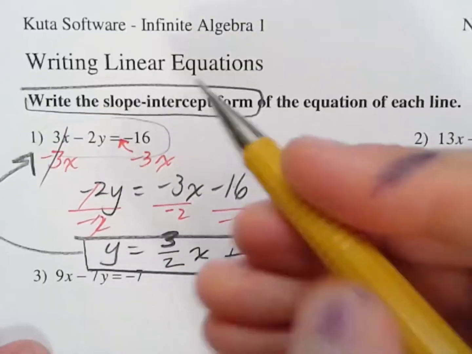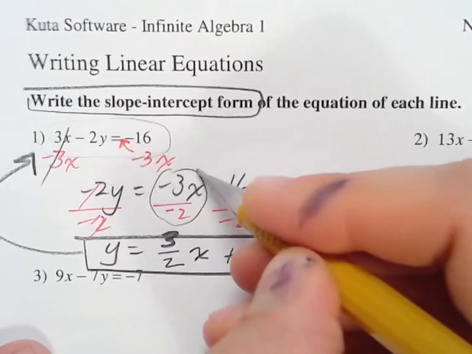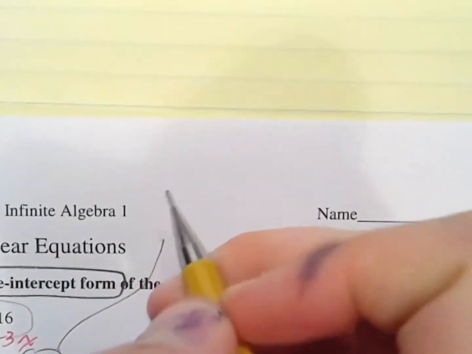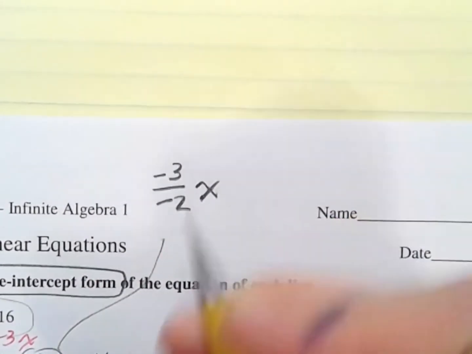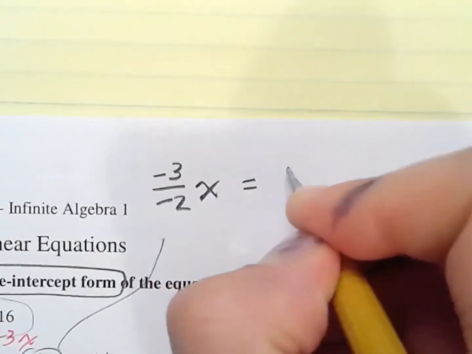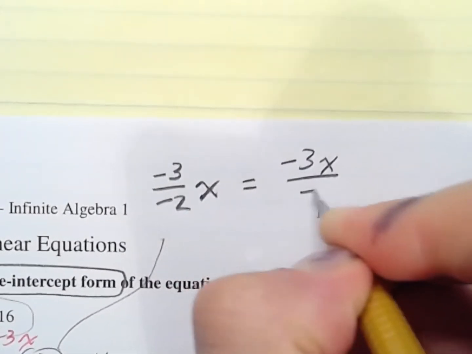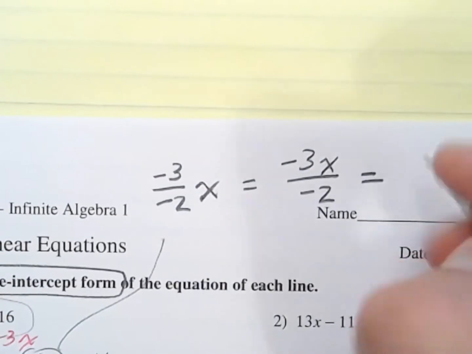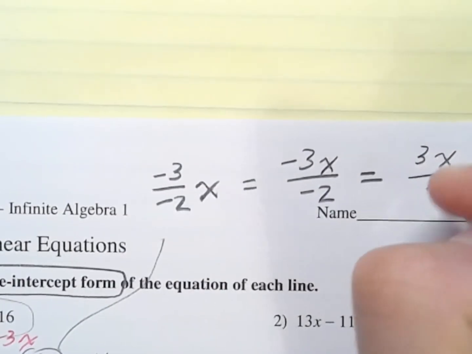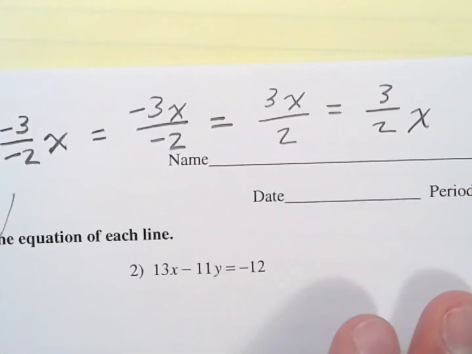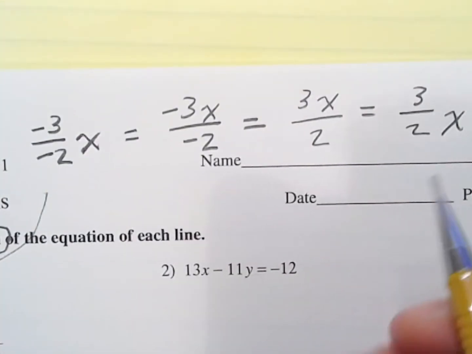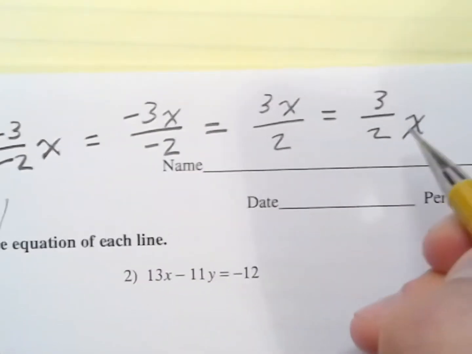But I want you to notice something here. Let's look at this, because I wrote it a little bit differently, and I want you to see something. So negative 3 over negative 2x is the same as negative 3x over negative 2, is the same as 3x over 2, or is the same as 3/2 x. All of these things are the same thing, because if you think about what's happening here, this is being multiplied, right?